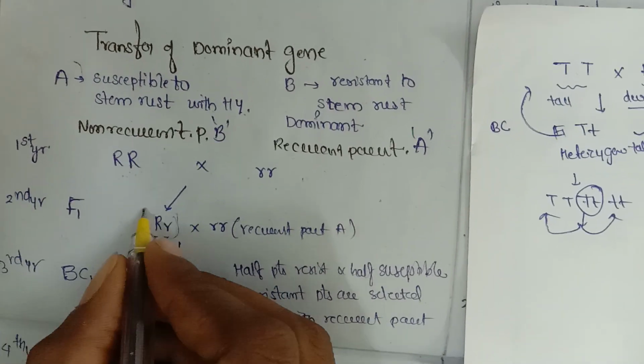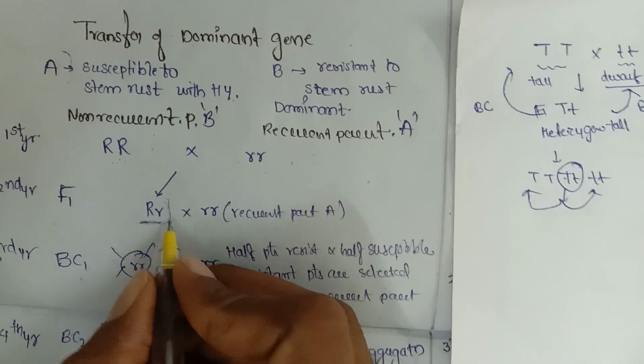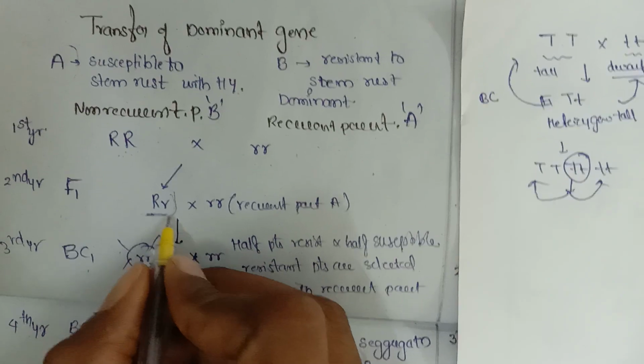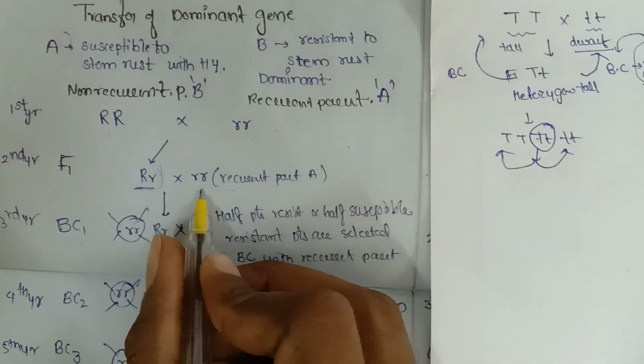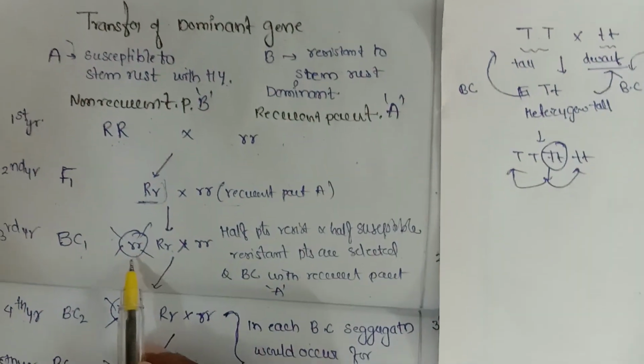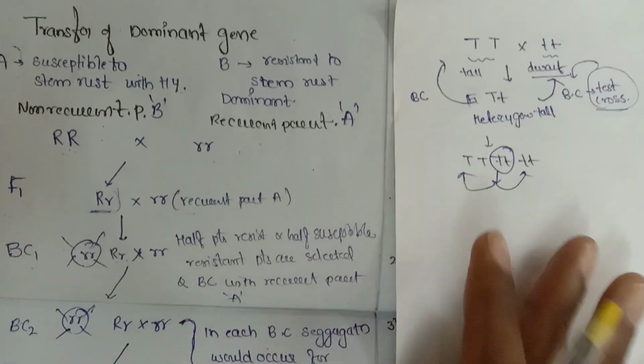So all this progeny contains the disease resistance, and this F1 hybrid is again crossed with the recurrent parent, so it is backcross one. Crossed with the recurrent parent small r small r, we get the progeny: capital R small r, capital R small r, small r small r, and small r small r. Let us see here.